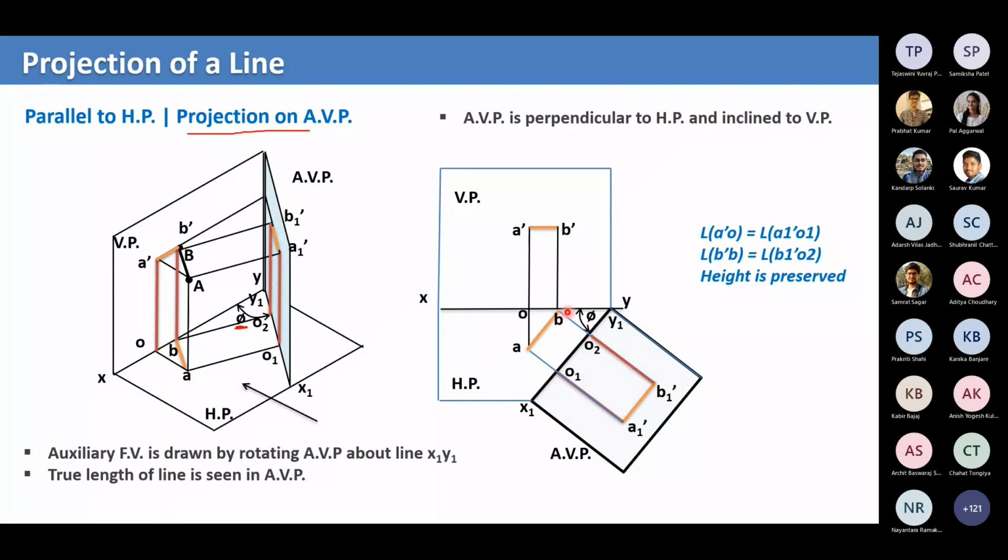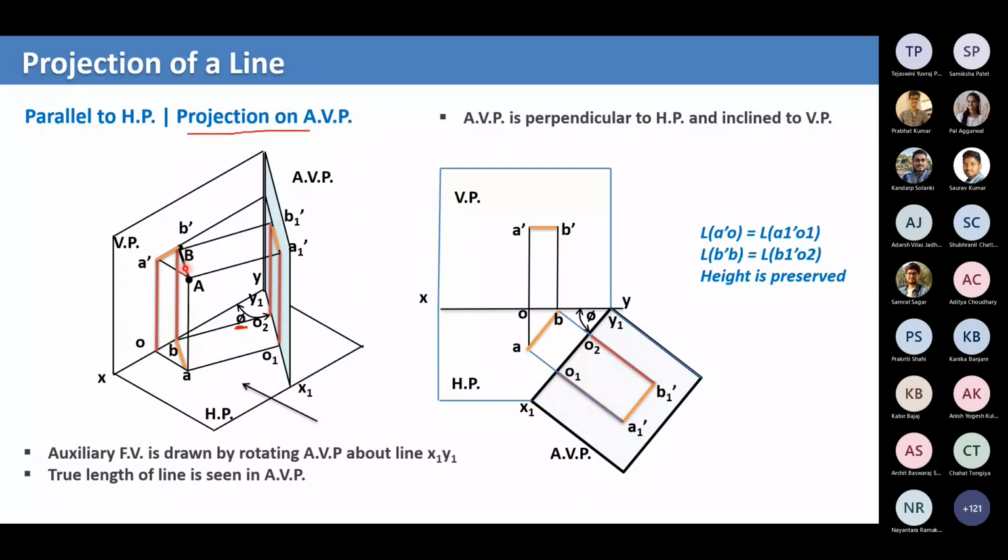This point is not labeled, so you can just take it as O. So O B dash is O2 B1 dash. Now that we've got A1 dash and B1 dash, we join these two points with a straight line, and we say that this is the auxiliary projection of line AB.